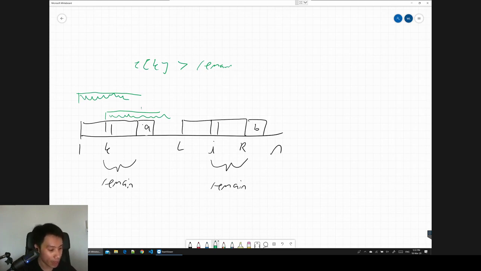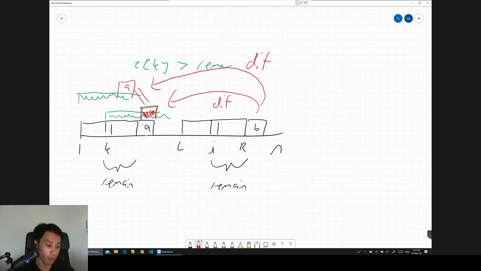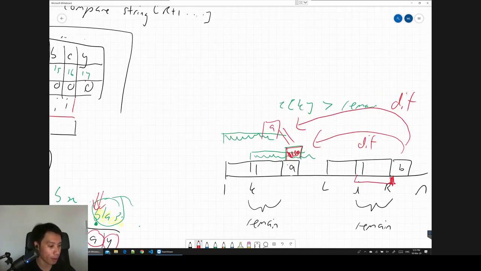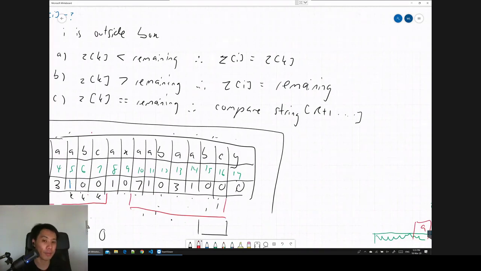But my letter over here, let me use red, which is alphabet A, will mean my letter here should also be alphabet A. Because they are the same, but it is different. Therefore, it will also be different from the prefix, which means my longest substring, which is the same as the prefix, will be bounded by my remaining. And because it's bounded by my remaining, my Zi will always be equivalent to my remaining.